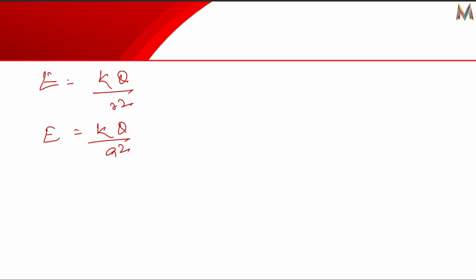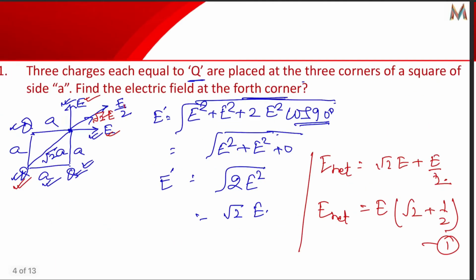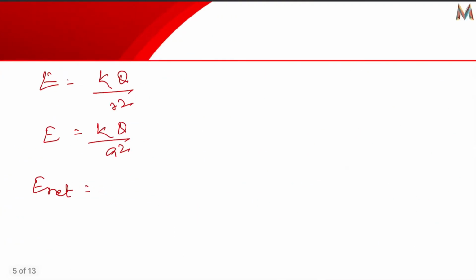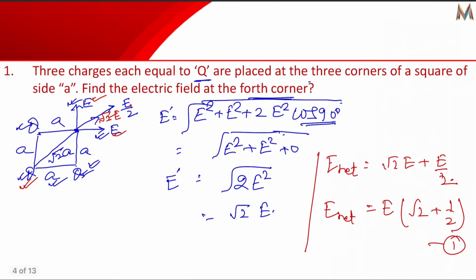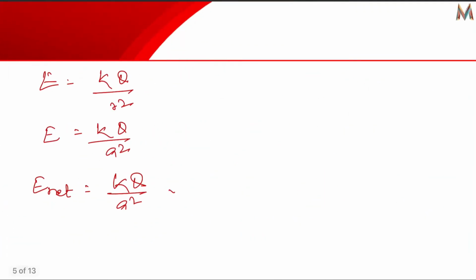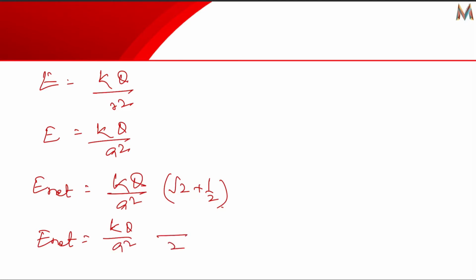So if we put the value of E, then net E will be, in place of E we can write KQ by A square, and the remaining part is root 2 plus half, so we can write root 2 plus 1 by 2. So E net will be KQ upon A square. If we sum it, it will be 2 root 2 plus 1 over 2.